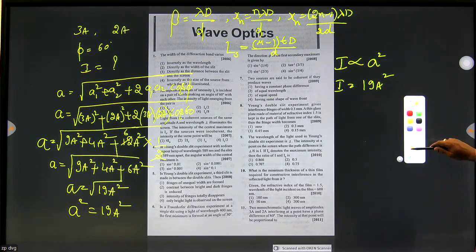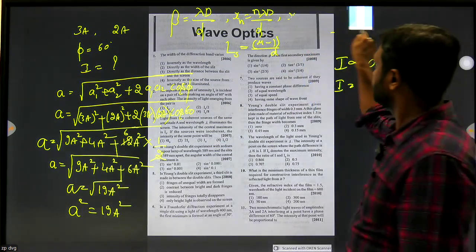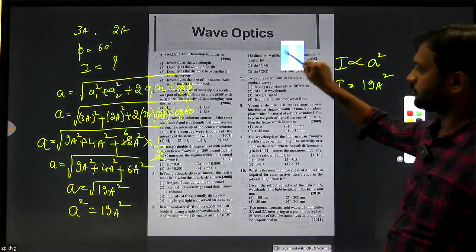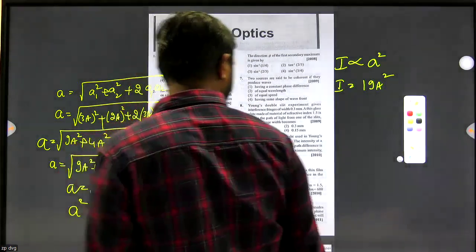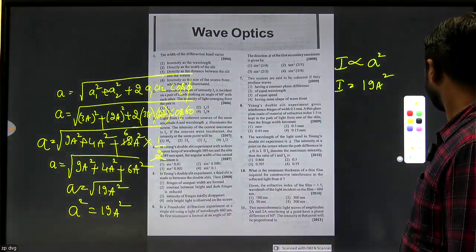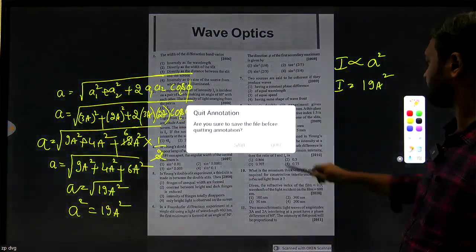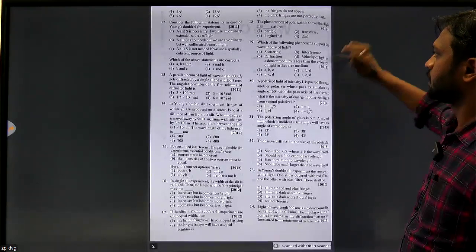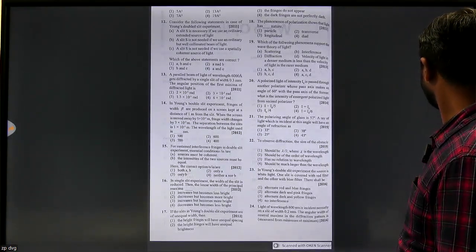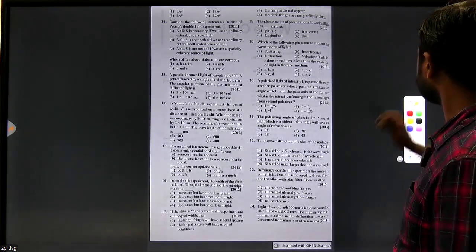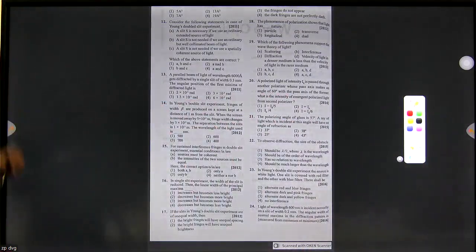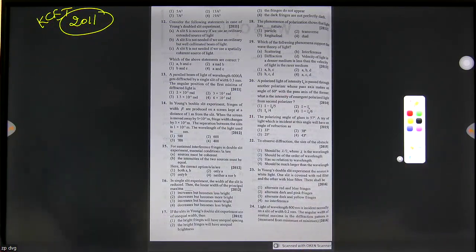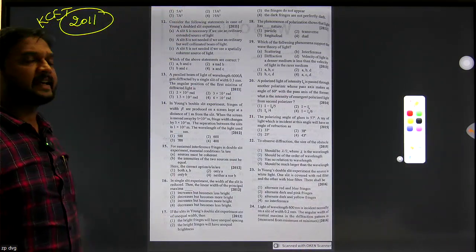Next one. So next question, KCET 2011. Consider the following statements in case of Young's double slit experiment.